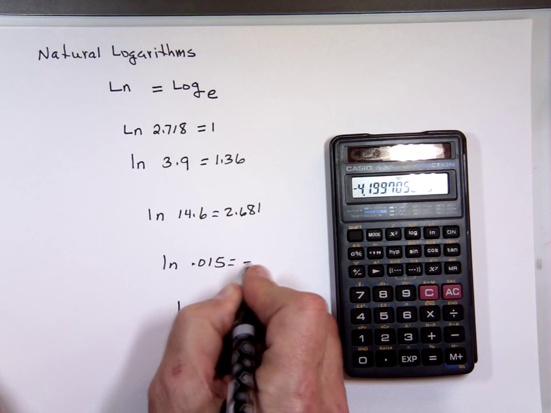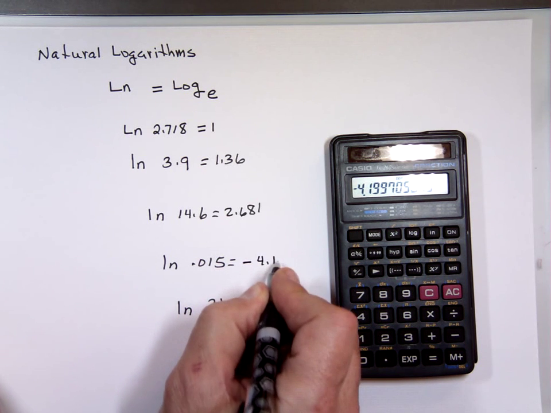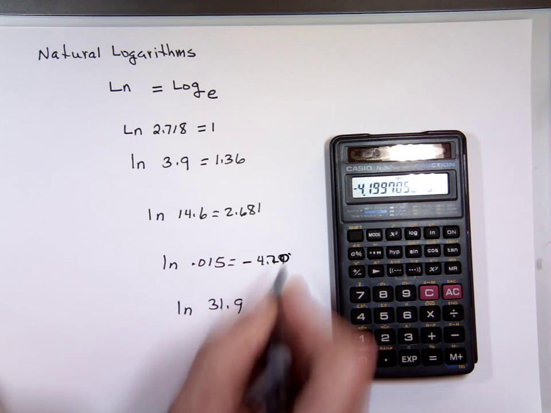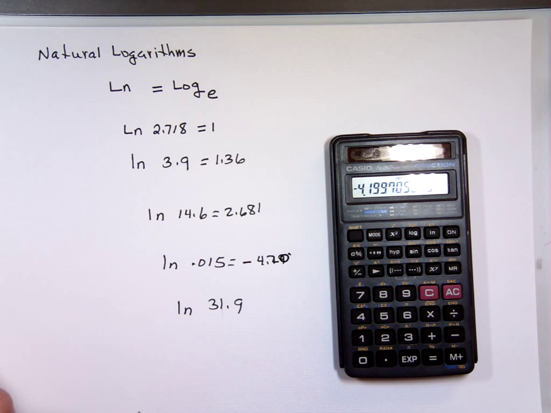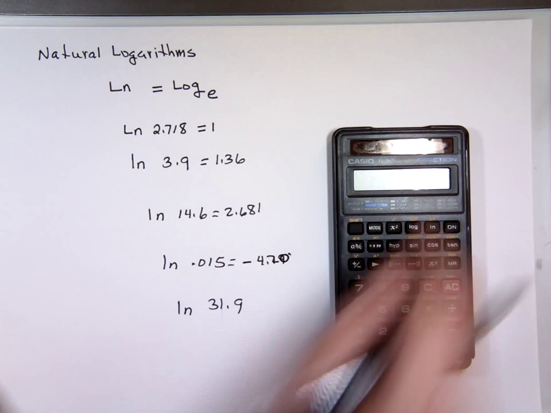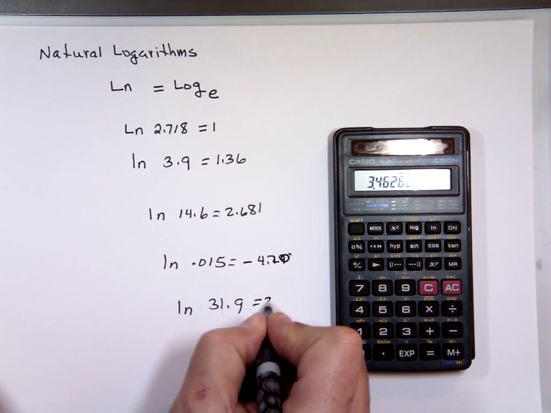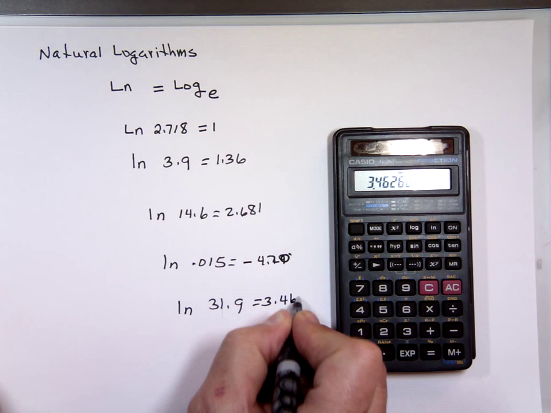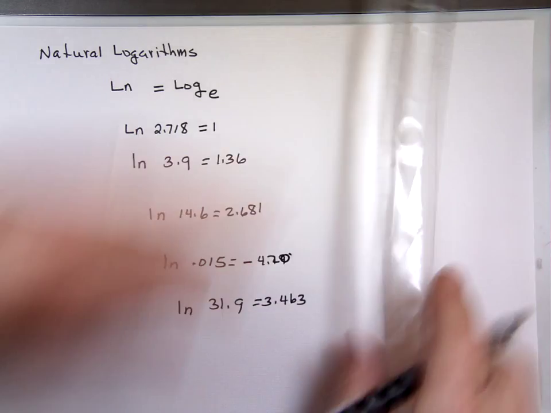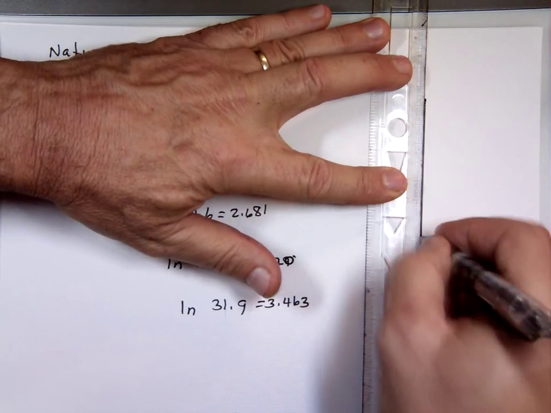That's negative 4.199. Well, actually, 4.20. 31.9, hit the natural log. 3.463.